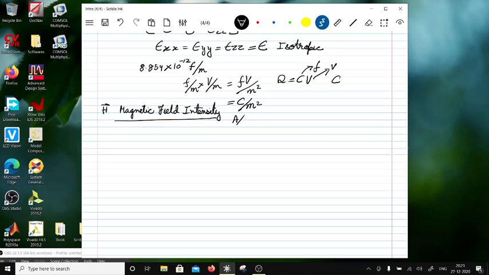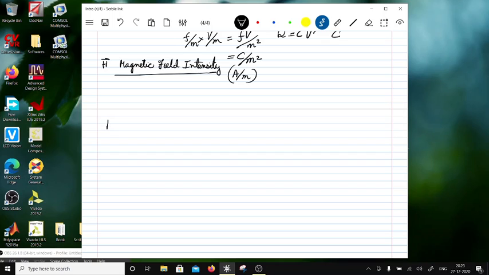Its unit is ampere per meter. Then you have magnetic flux density, the same rationale. How dense are the magnetic lines of flux? That is flux density, and its unit is Weber per meter square.